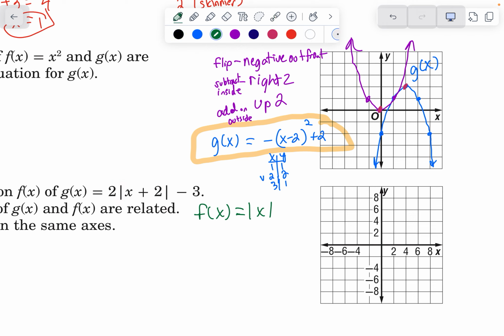Our g of x function, this plus 2 on the inside is going to move it to the left 2. The minus 3 on the outside is going to move it down 3. And this 2 here, anything on the outside bigger than 1, will stretch it upward. So it's going to make it higher than usual.